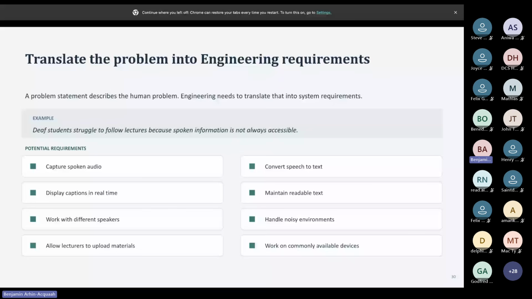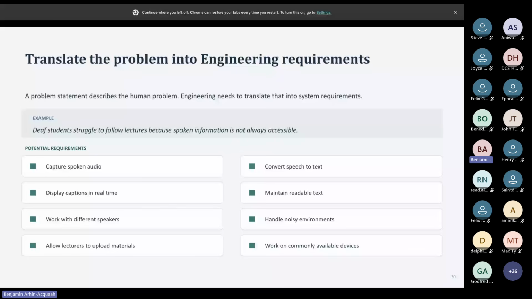For example, a deaf student struggles to follow lectures because spoken information is not always accessible. That's the problem statement. What is the technical requirement? What technical solution can solve this problem?